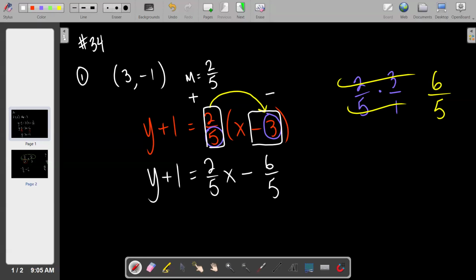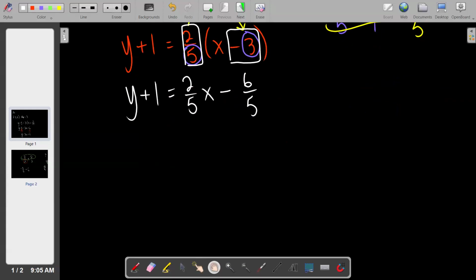But I'm not out of the woods yet. I have to now finish what I came to do. And what I came to do was get this darn y by itself. So I have to subtract 1 from both sides of the equation. And I want to remind you that the number 1, as all numbers are, is a chameleon.